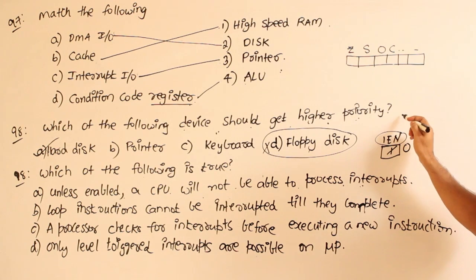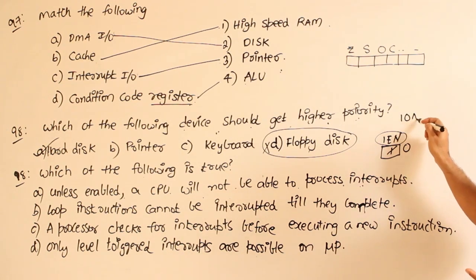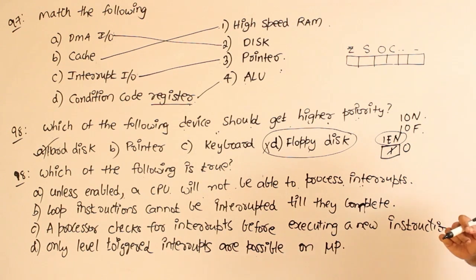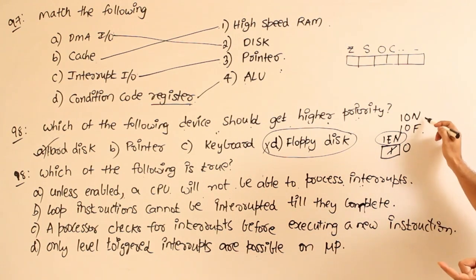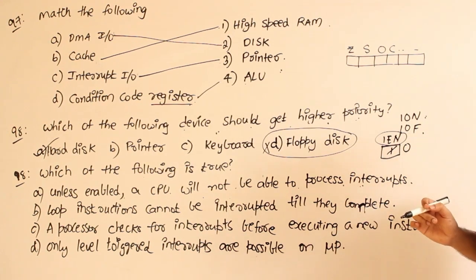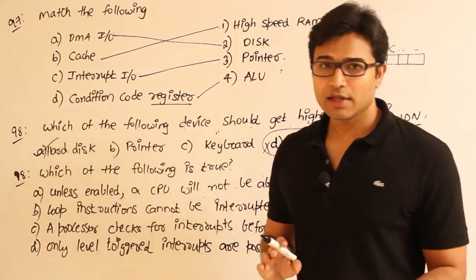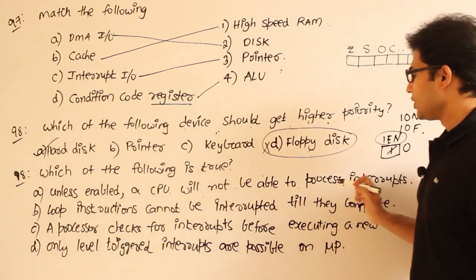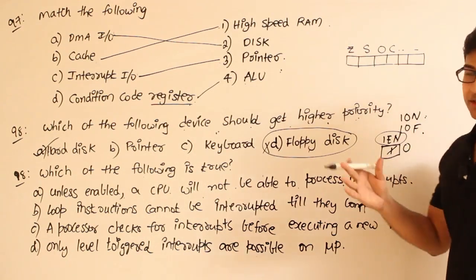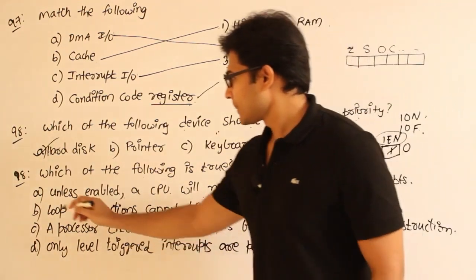In our basic computer we have instructions ION and IOF to switch on and switch off the interrupts. If you switch on the interrupts using ION, then only are we going to deal with the interrupts, otherwise we will not. Therefore, unless enabled, our CPU will not be able to process interrupts, it will simply ignore them. So it is right.